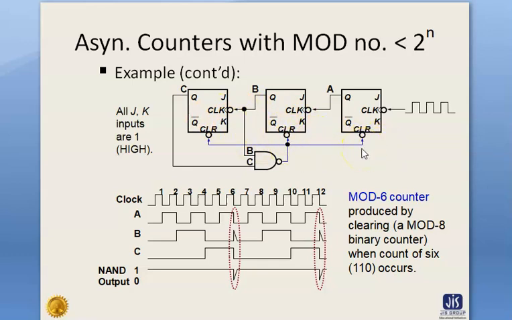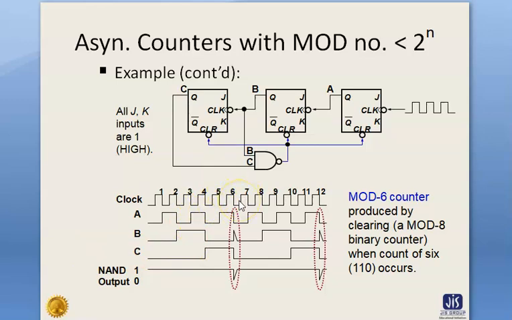The counter goes to the 1 1 0 state, remains there for a few nanoseconds, and then recycles to the 0 0 0 state. Thus this counter counts from 0 0 0 to 1 0 1 and then recycles to 0 0 0.